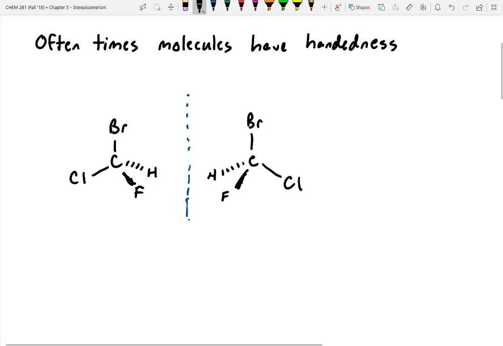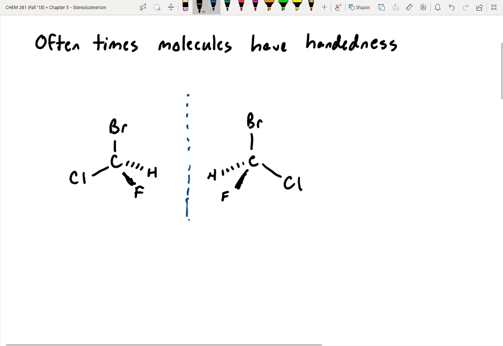So for example, if you take the molecule on the left and you just spin it around like a top and try to overlay the chlorine, then the hydrogen will be where that fluorine is and the fluorine will be where the hydrogen is. There's no way of overlapping these molecules. Another way of thinking about this with a related analogy is if you take your right hand and left hand, you can't overlay them finger for finger, right? So these have their own unique handedness.